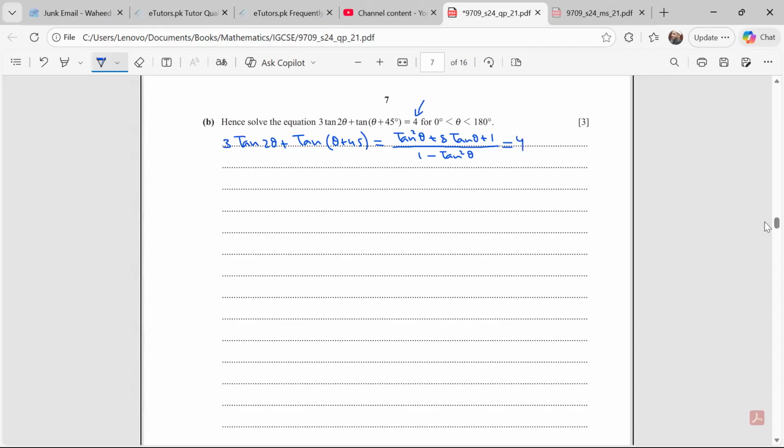Okay, so I have to solve this equation where theta is between 0 and 180 degrees.